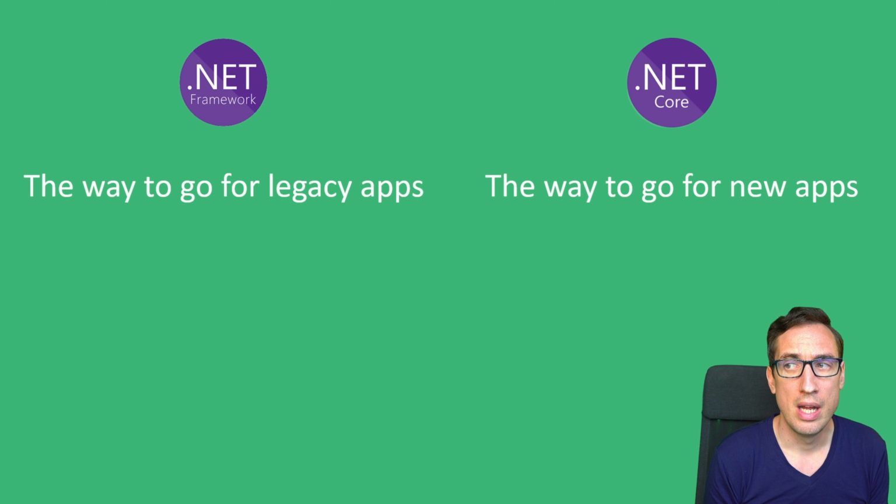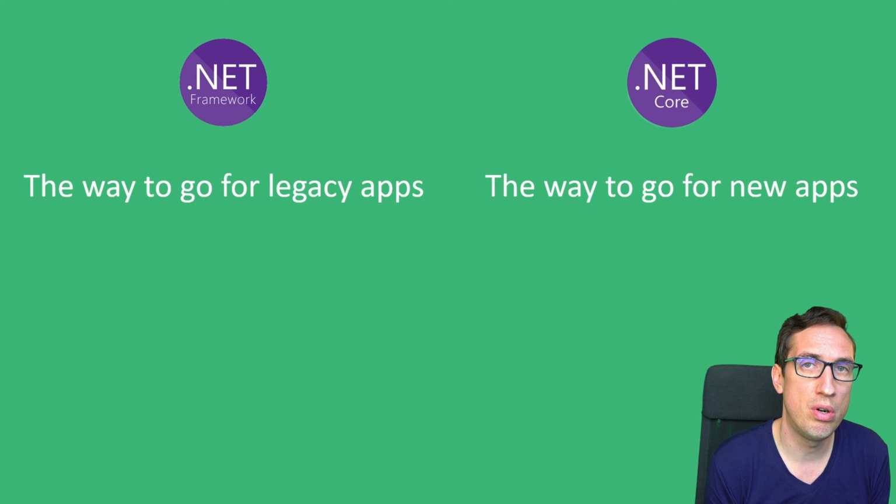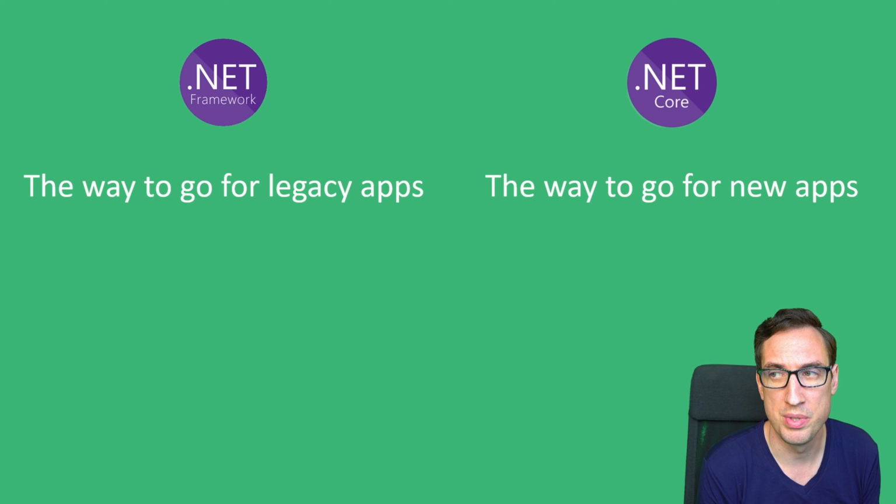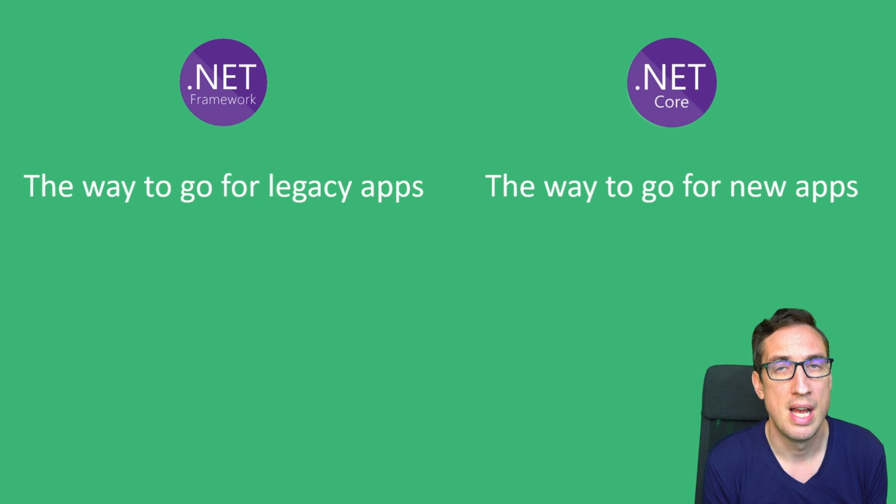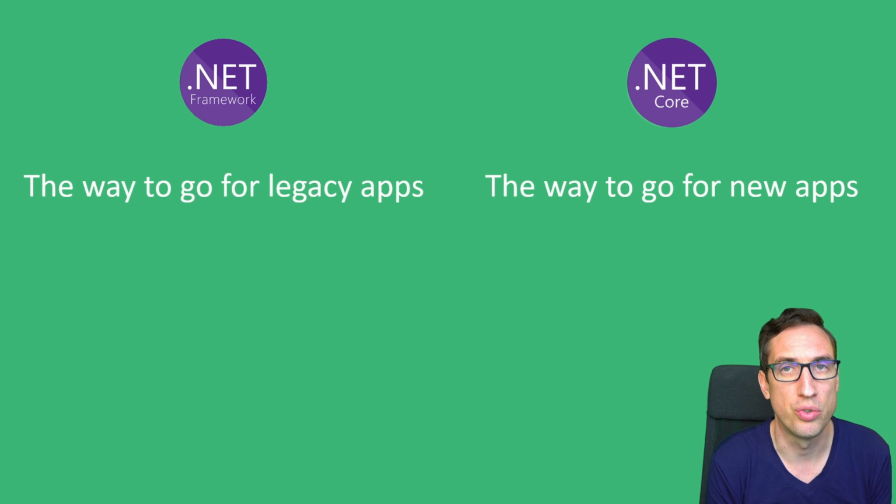Now, if we look at this, you hear me talk about .NET Core and .NET, and I mix and match between those two terms. There's actually three platforms, as I explained in my previous video. There's .NET Framework, .NET Core, and .NET. But because .NET is actually just the rename of .NET Core, those are basically the same thing. So there's only two. You have .NET Framework, the older one, the one that came out in 2002, and then there's .NET or .NET Core.